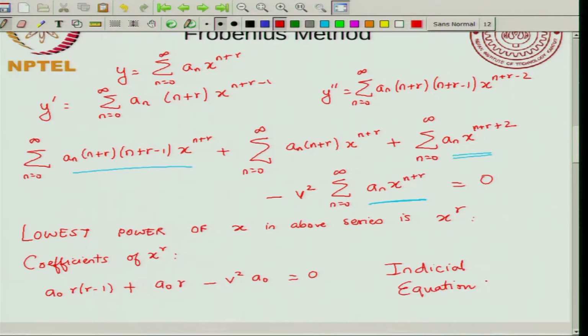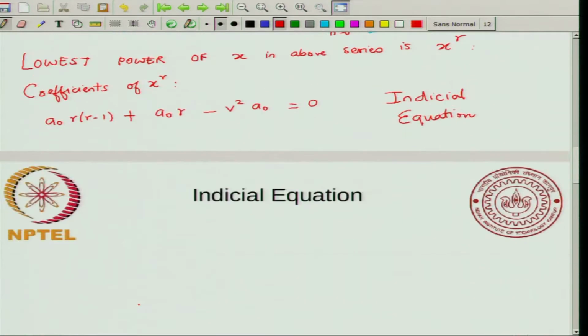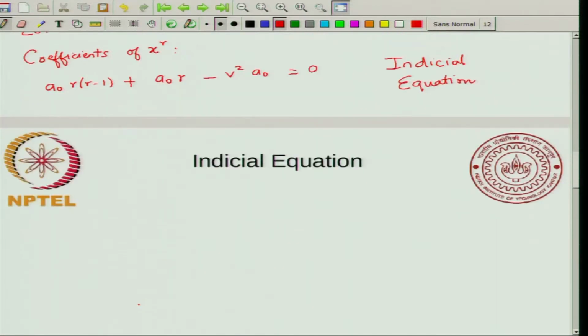You can just cancel a0 across the indicial equation, so I get r squared minus r plus r minus v squared equal to 0, and what I will get is r squared minus v squared equal to 0.